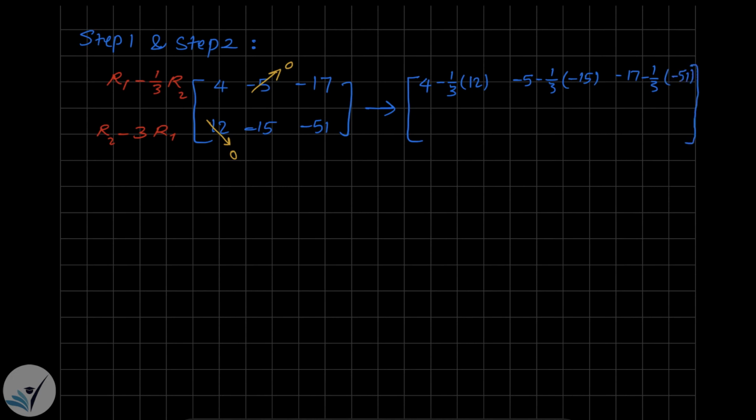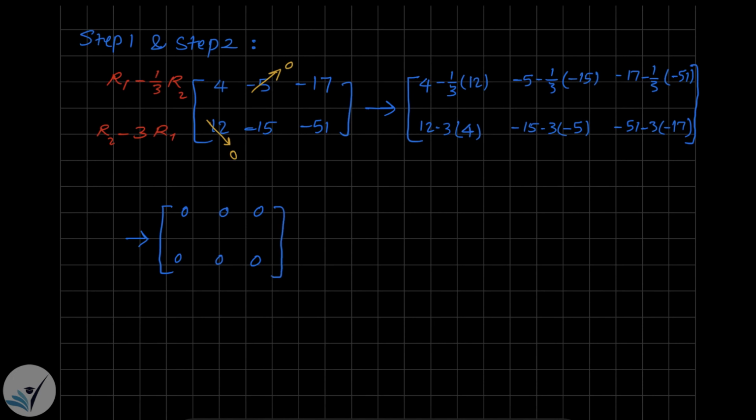On the second row, we would have 12 minus 3 times 4, negative 15 minus 3 times negative 5, negative 51 minus 3 times negative 17. If we go ahead and simplify this matrix above, we would get 0, 0, and 0 on the first row, 0 and 0 and 0 on the second row.